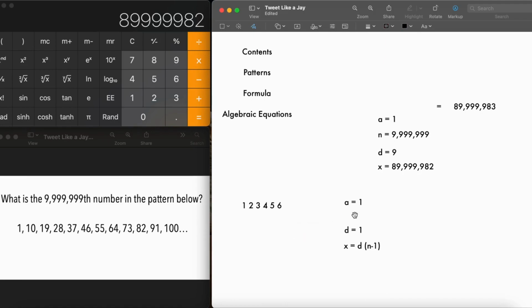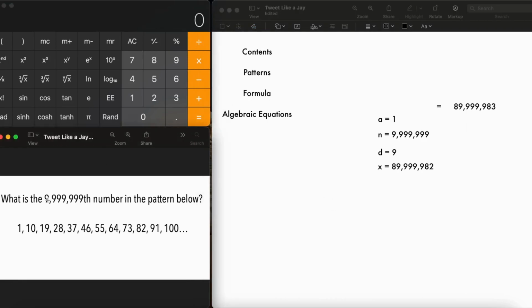So with this method, we can actually say that the answer is 89,999,983. Does that make sense to you? Because that actually does.